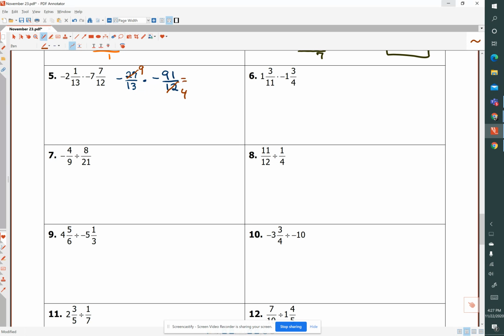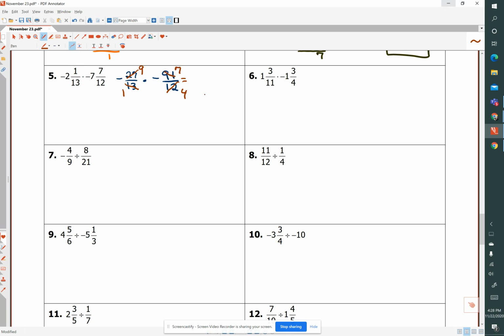so we get a calculator for this. 91 times 9. Actually, I think we can cross cancel some more. 13 goes into 13 one time. 13 times 7 is 91.